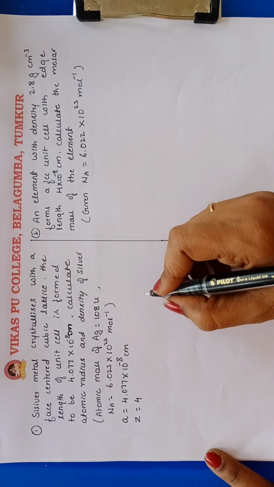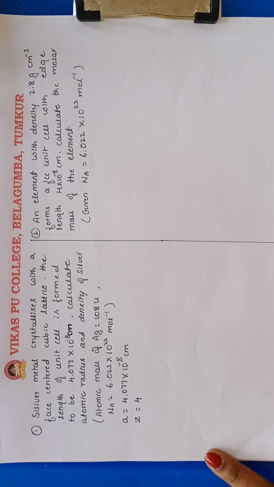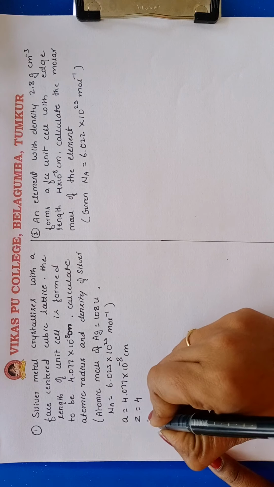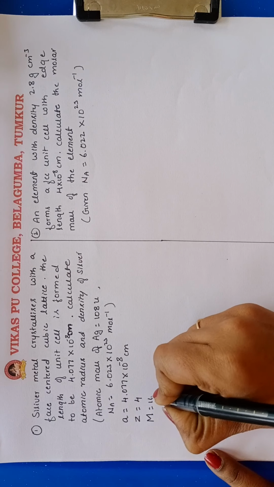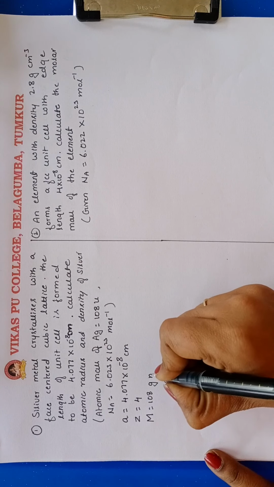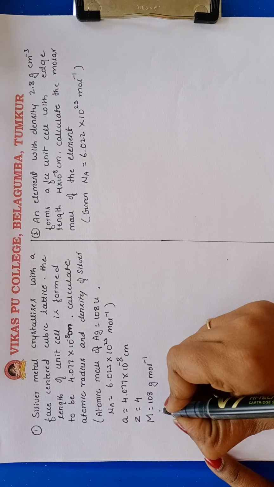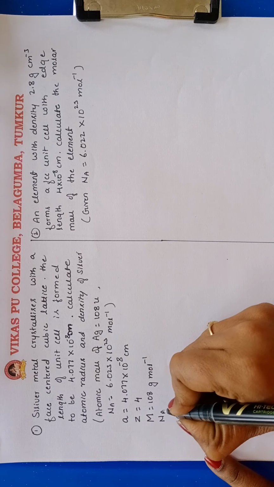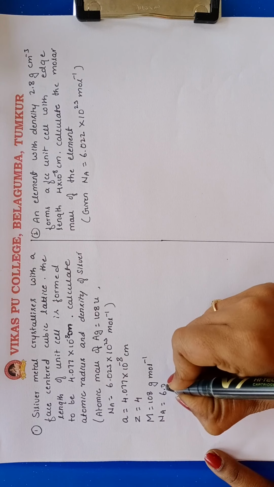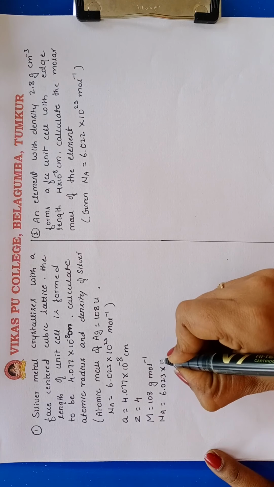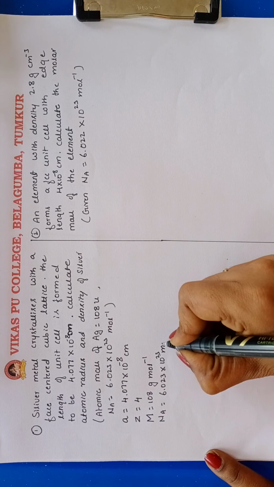The molar mass of Ag is given as M = 108 g/mol. The Avogadro's constant is given as Na = 6.023 × 10^23 per mole.